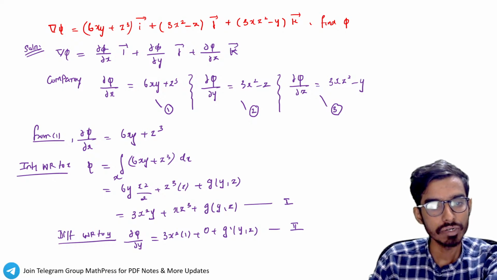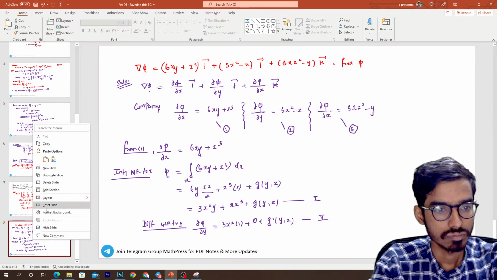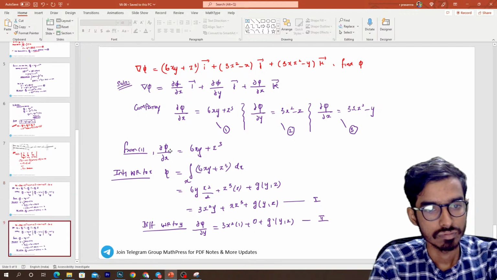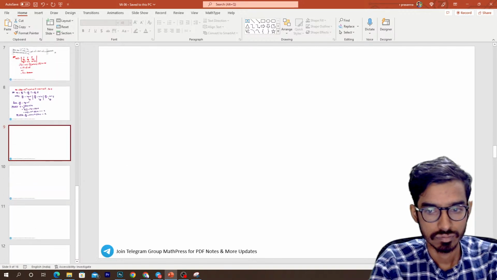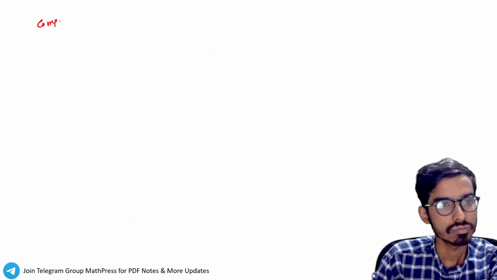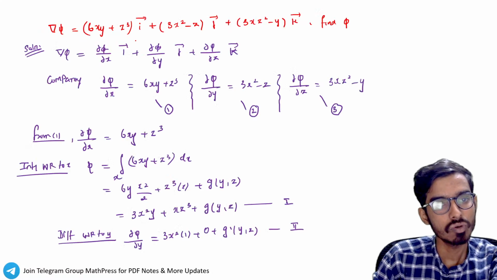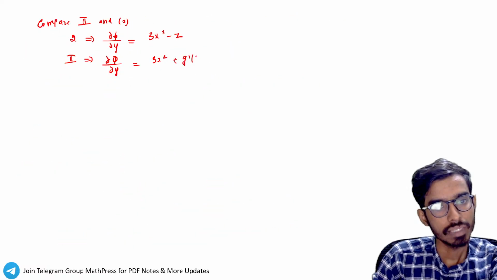From the given, dou phi by dou y is equal to 3x square minus z, and from Roman 2, dou phi by dou y is equal to 3x square plus g dash of y comma z.